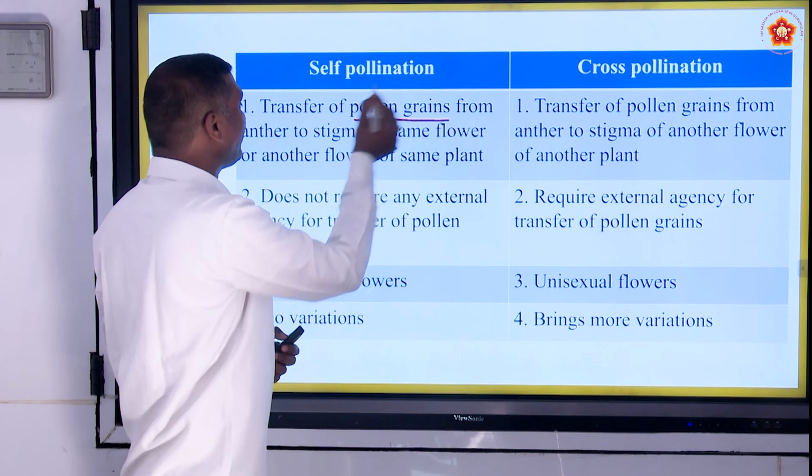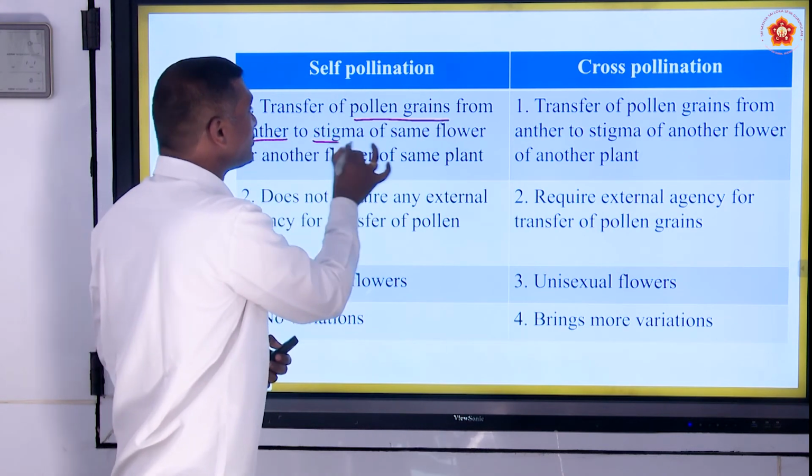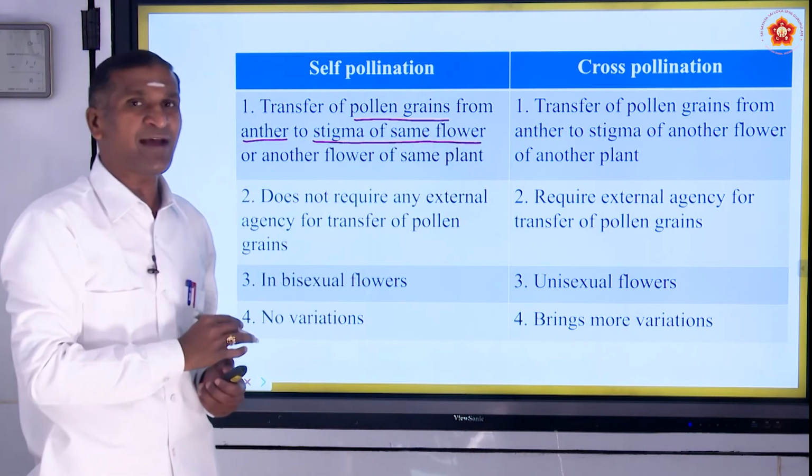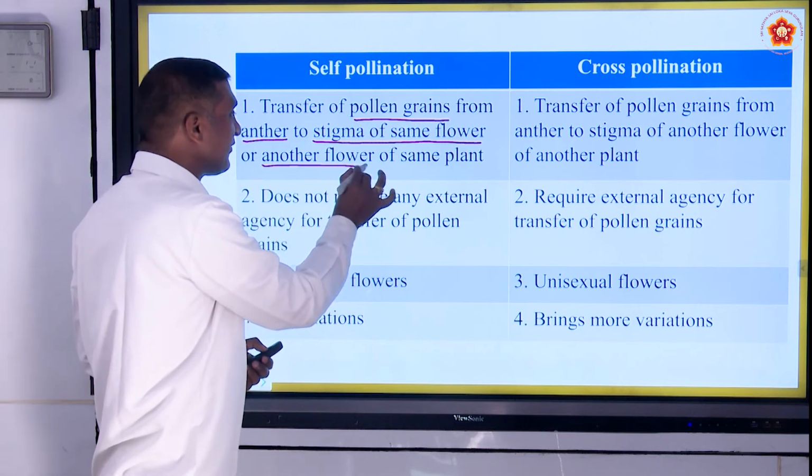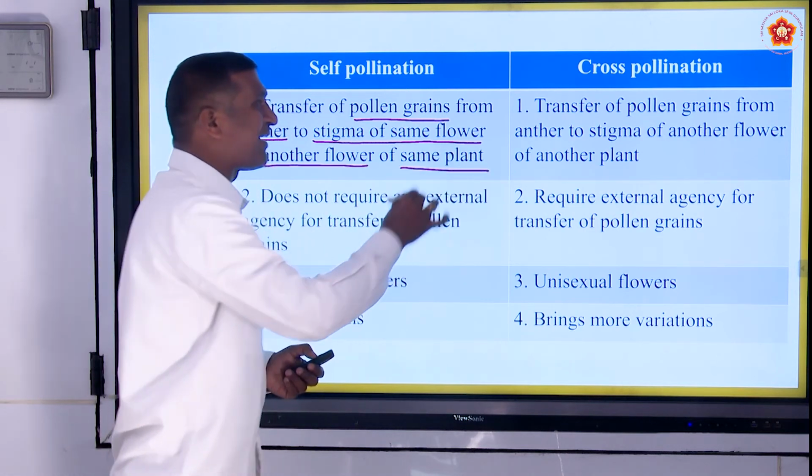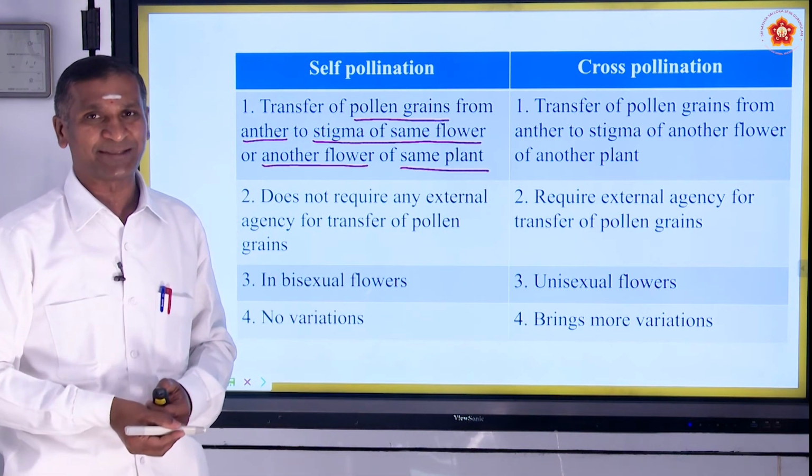The transfer of pollen grains from anther to stigma of the same flower or another flower of the same plant is self-pollination.